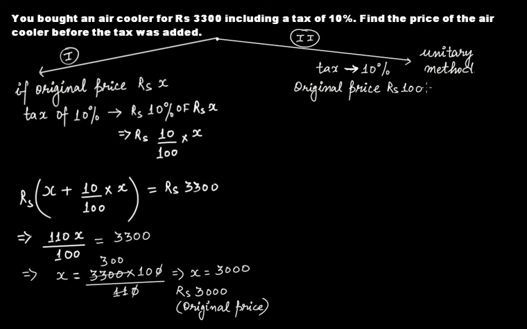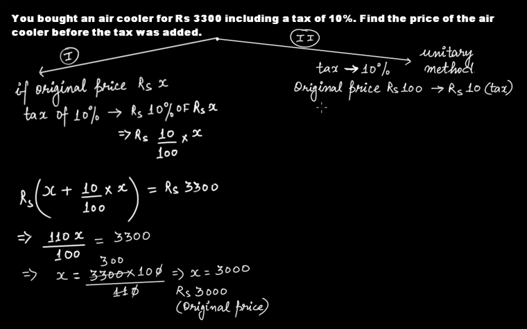If you apply 10% on rupees 100, you get rupees 10. 10% of 100 is what? 10. That is, if your original price is rupees 100, then the tax that you will have to pay at this rate is rupees 10.